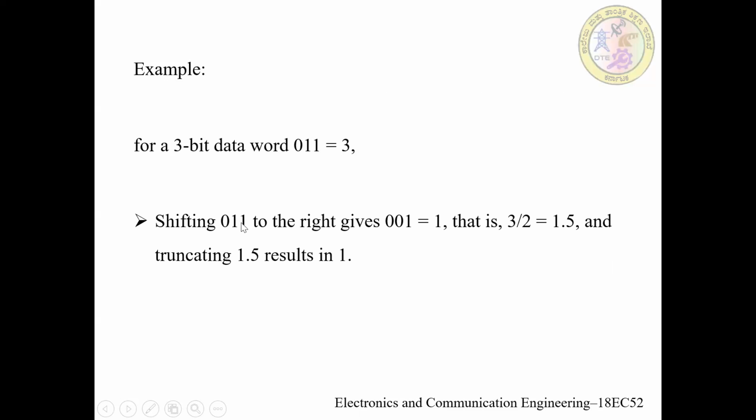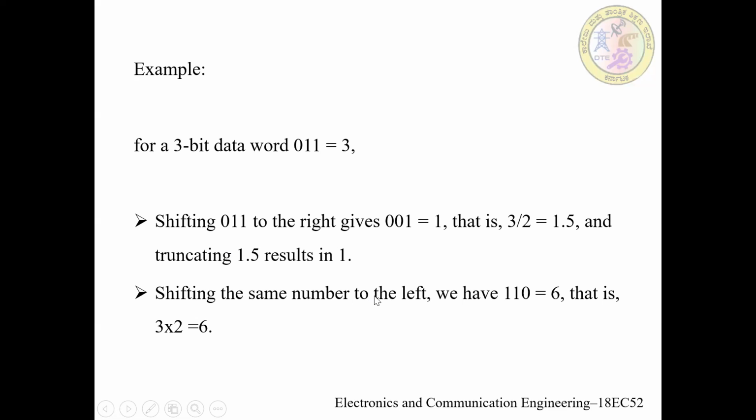This 1 comes here, 0 comes here, and the LSB is occupied with 0. So 3, once it shifts to the right, becomes 1. That is 3 by 2, which is 1.5. If we truncate, the result will be 1.